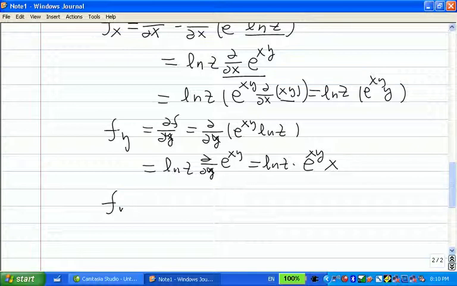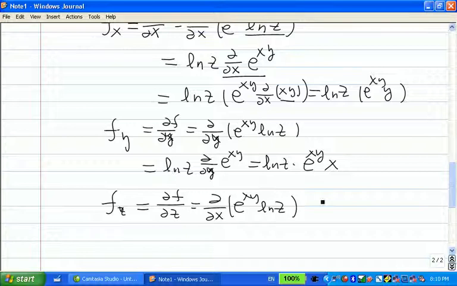Finally, let's see what is the partial f with respect to z. This means you want to find the partial derivative with respect to z. Your f here is e to the xy ln z. How do you find the partial derivative with respect to z for this function? Simple.